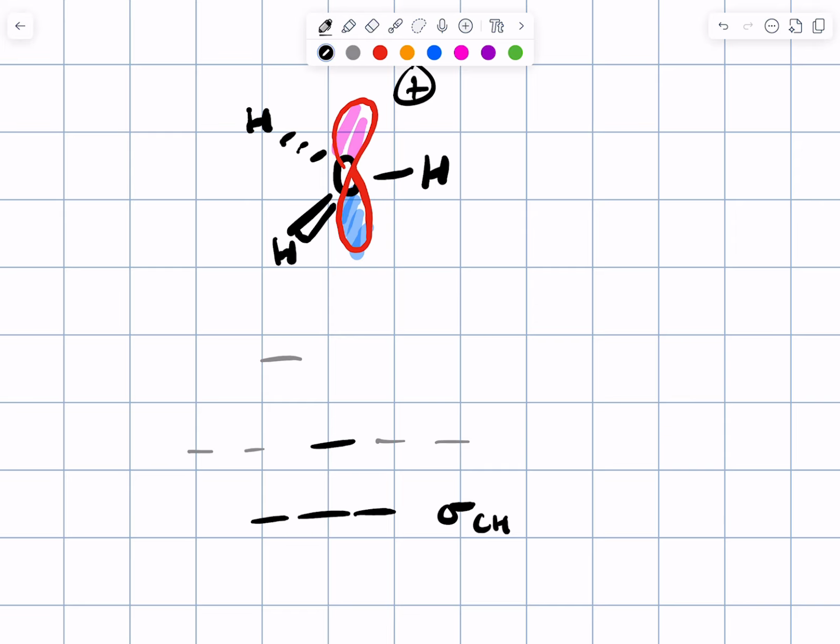There's those sigma star orbitals. And if we populate our electrons, we have 6 total. It's 2 from each bond. So 1, 2, 3, 4, 5, 6. And that p orbital is sitting there empty. Yeah?